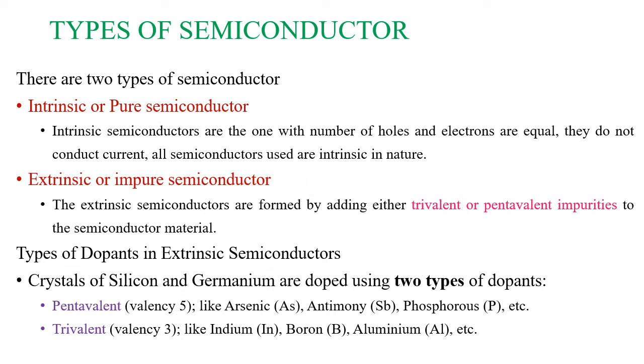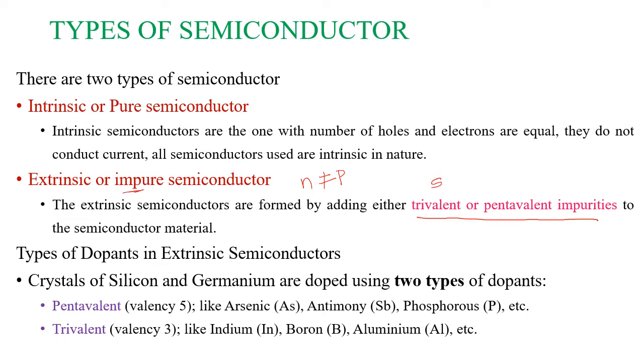So the number of electrons is not equal to the number of protons or holes. Normally we have to add some trivalent or pentavalent impurities to form the extrinsic semiconductor. That is why it is called impure.